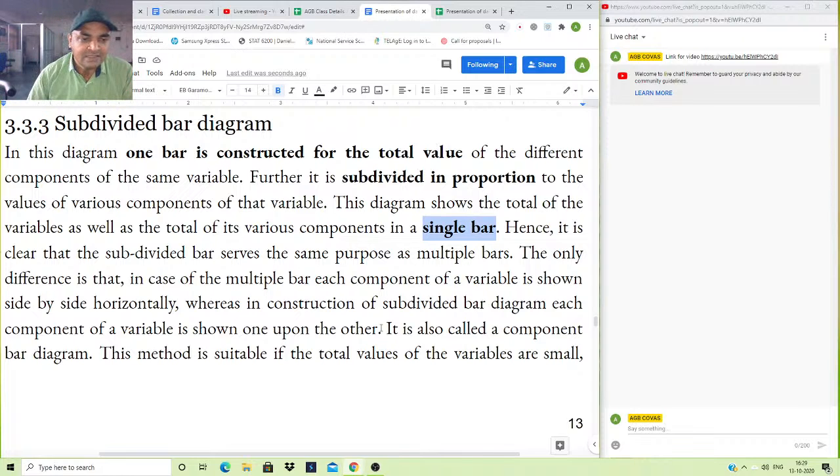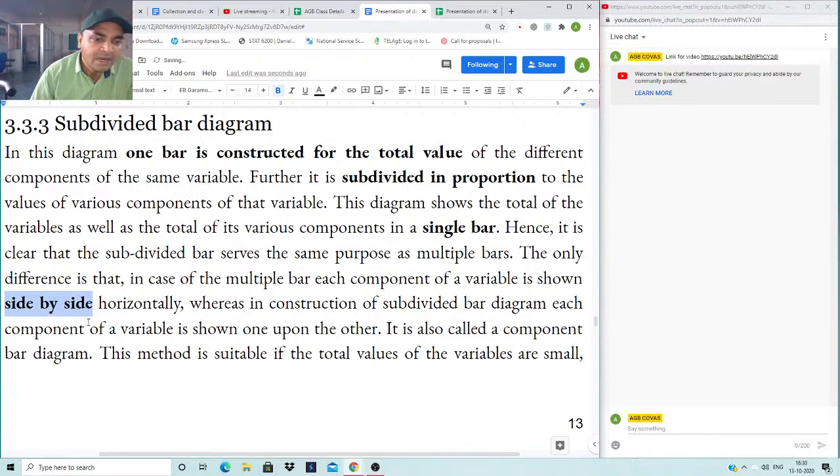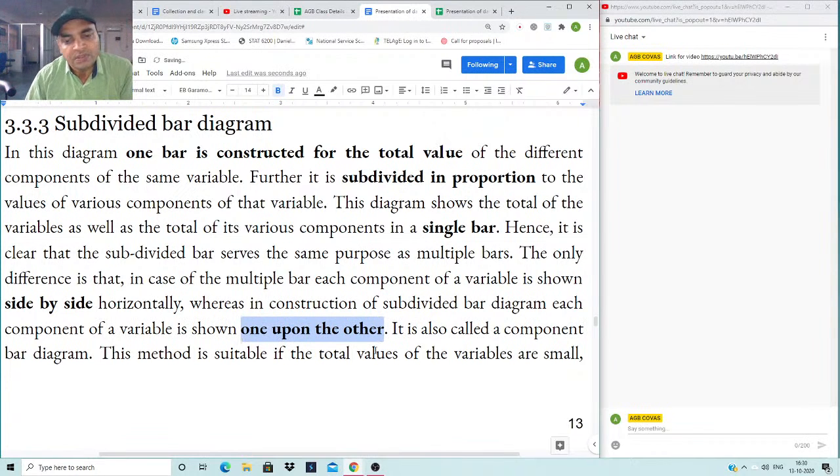The only difference is that in a multiple bar, each component of the variable is shown side by side, whereas in the construction of a subdivided bar diagram, each component of the variable is shown one upon the other.